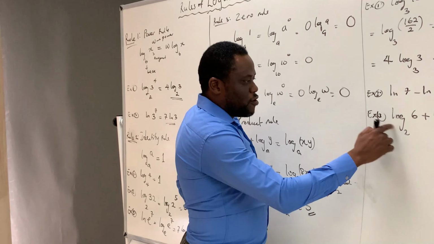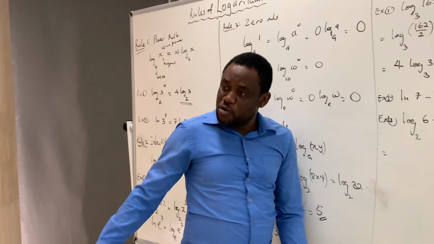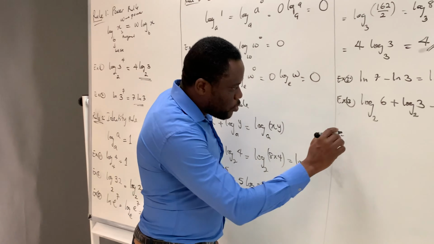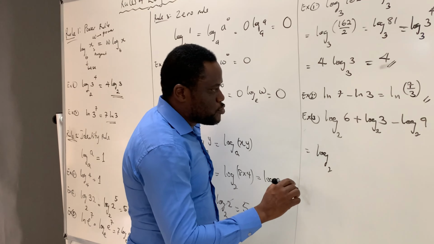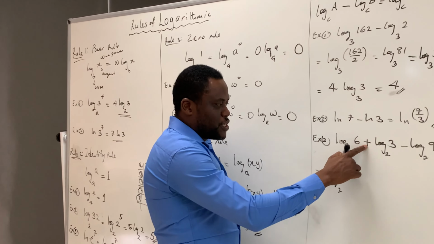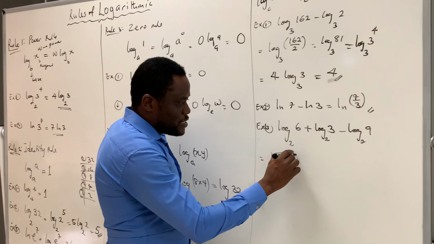Let's start. Log in base 2 is common, so choose one. We have log in base 2. Addition becomes multiplication, so I can multiply 6 by 3, divide by 9. And this gives us what?